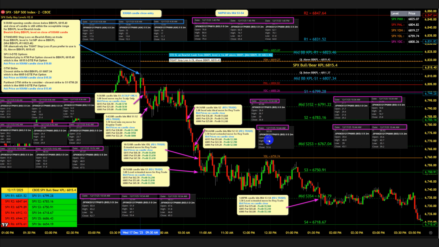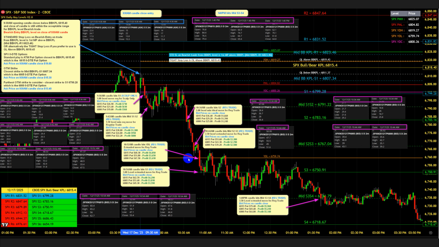And also when you see any of these levels, the PMH, the PML, the YDH, YDC, or YDL, if they occur after the 1.5 level move has happened in your favor and you are in a regular trade, then if any of these levels on a bullish or bearish trade occur after the 1.5 level move in your favor and the direction of the trade that you're taking, those are additional waypoints for decision making, just like the levels and the midpoint levels.